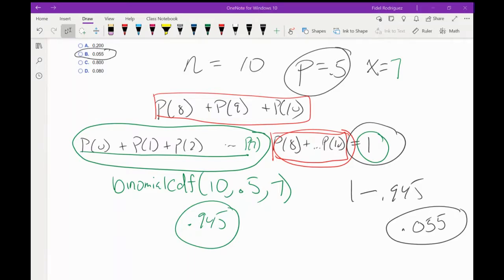Are you asking me 4.2 or 4.3? 4.3. Okay, let's go to 4.3. Let's come back over here. In 4.3, let's take a look at number 10. Okay. I'm going to do a little copy and paste here, y'all, and we'll do number 10.